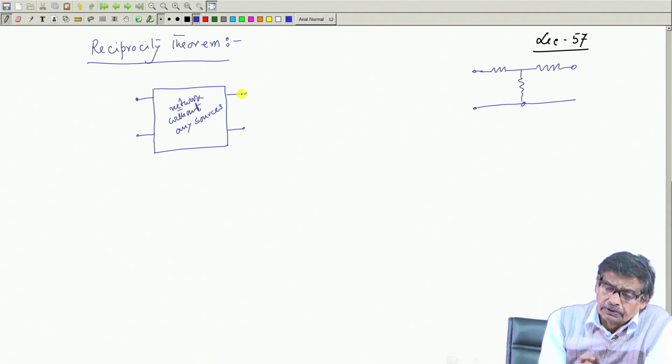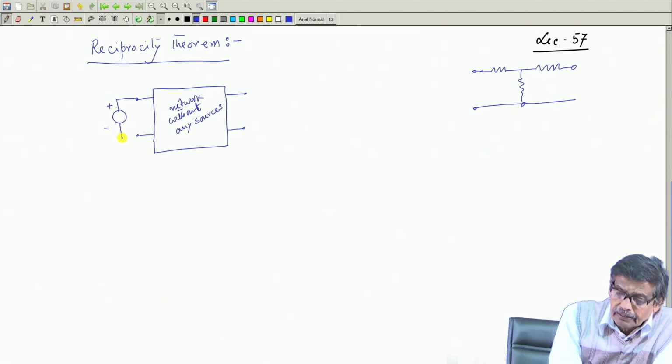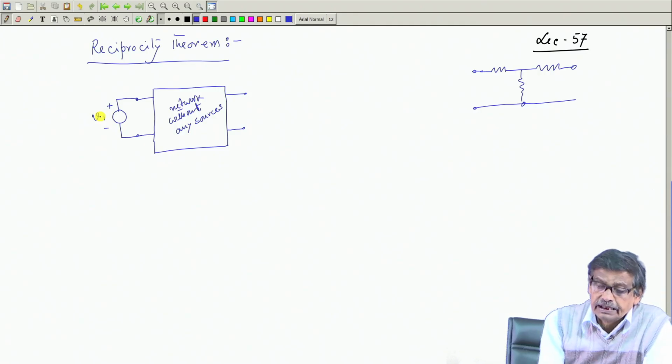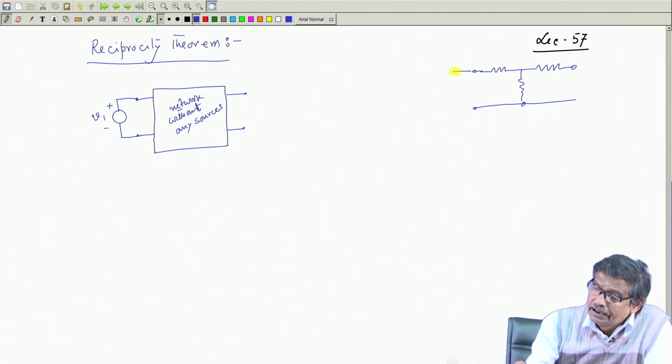Now, in this network, if you apply a voltage source with this polarity, suppose V1, this is network A, and I am applying as if a voltage here.